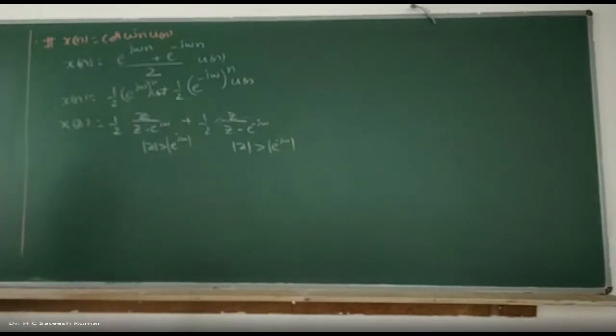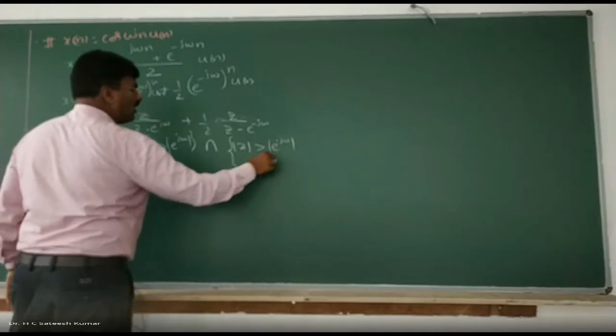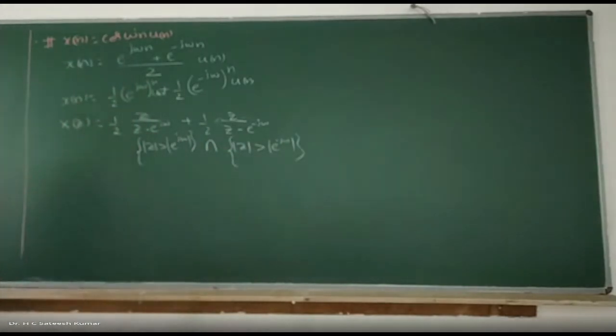Okay, right. So when using the linearity property, the ROC becomes R1 intersection R2, we said, right? So therefore we have this ROC.